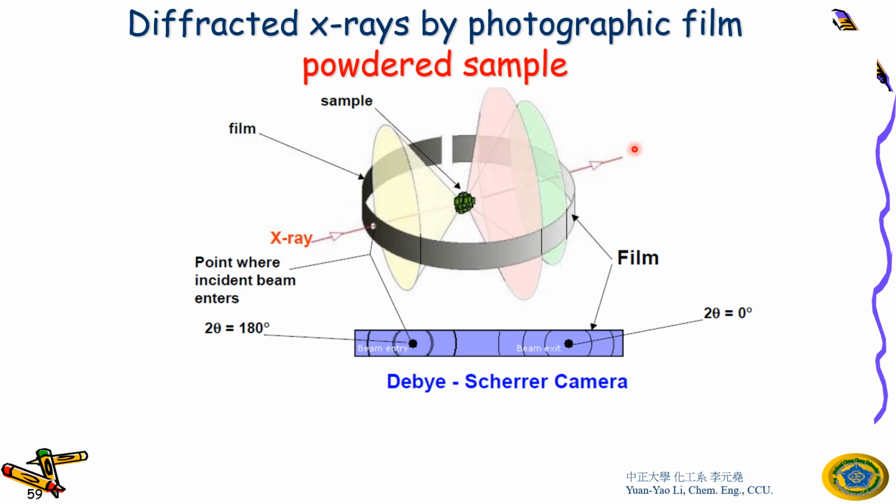If you do not have a single crystal, if you have a polycrystal, that means you have many small single crystal grains together, and this is a powder sample. You put the powder sample in an X-ray diffraction machine, and you will get something like this. We call it a Debye-Scherrer camera, and we get a ring like this.